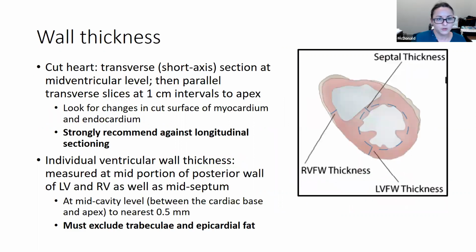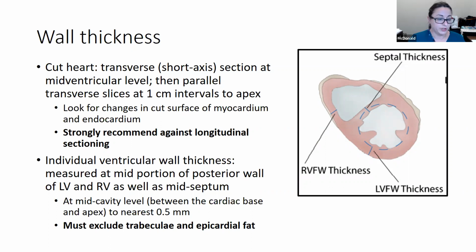For wall thickness, they suggest cutting the heart into transverse sections starting at the mid-ventricular level and then parallel transverse slices at 1 centimeter intervals to the apex. They do strongly recommend against longitudinal sectioning, as that doesn't give you an adequate view of the thickness.